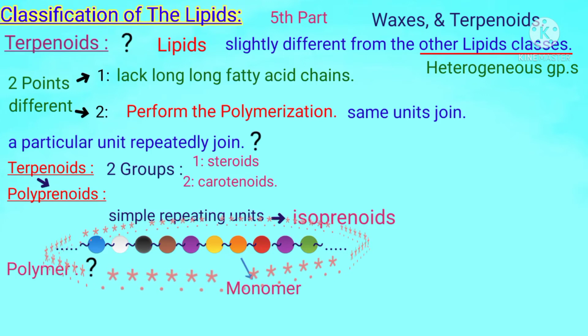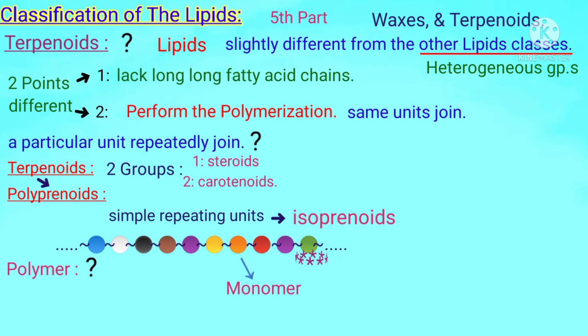Dear students, polymer is a general term that we use for different types of compounds, because for convenience and simplicity, we write a single unit as a circle. Each of these circles will represent different units, different molecules.